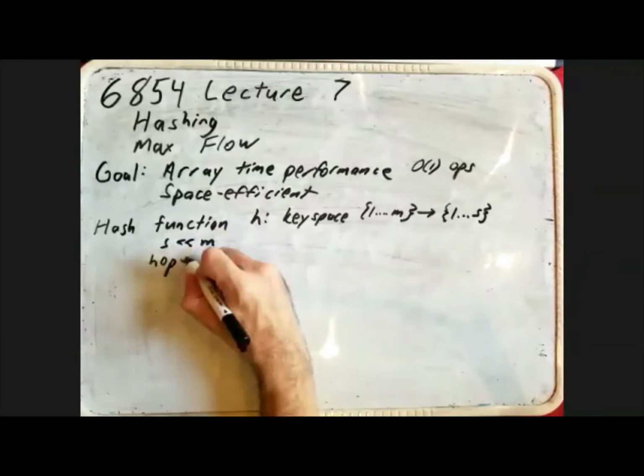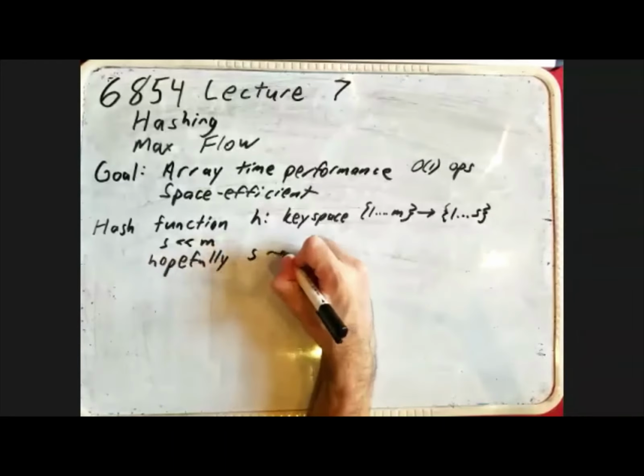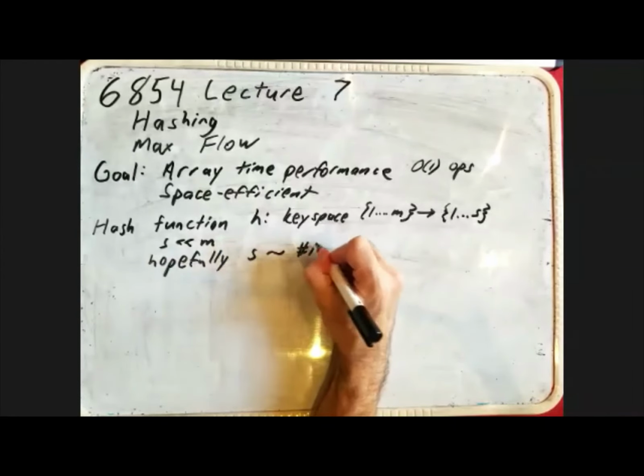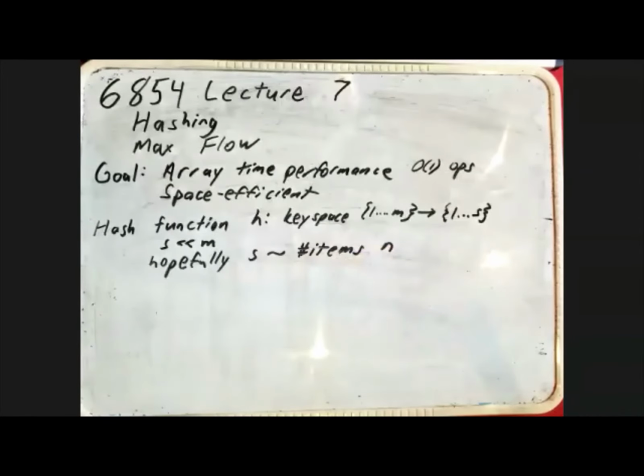Hopefully, in an ideal world, s is going to be roughly equal to the number of items that I want to store, which I'll denote by n. The idea being that obviously it's going to take me at least n space to store the items. So that's a lower bound, and the question is whether I can achieve that as an upper bound as well.